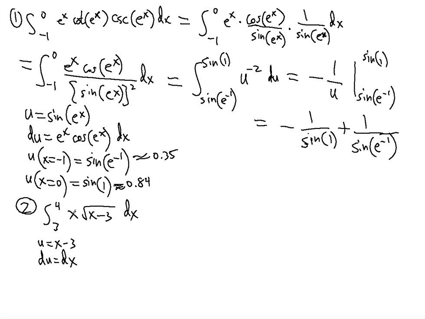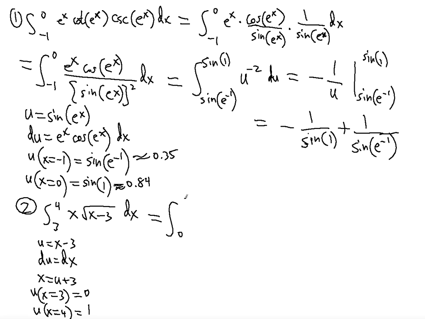You might say, but what am I going to do with the x? Well, you can write the x in terms of the u, right? So x is equal to u plus 3. Now change the limits of integration with respect to u. So when x is equal to 3, u is going to be 3 minus 3, which is 0. When x is equal to 4, u is going to be 4 minus 3, which is 1, right?